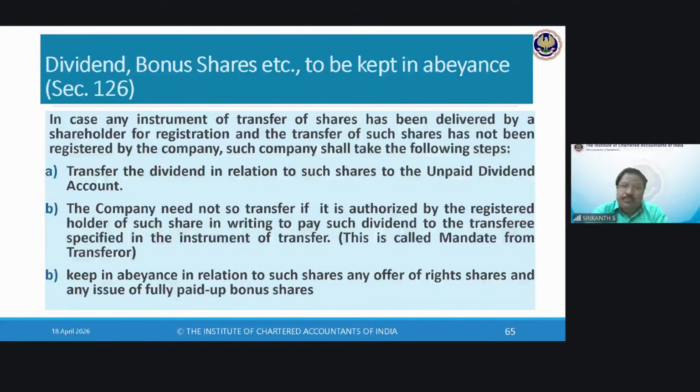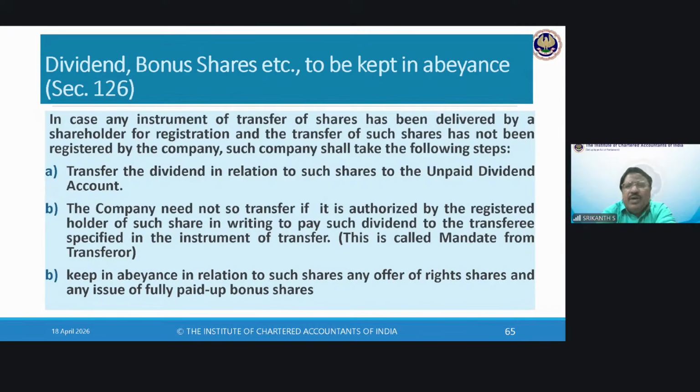That is the idea. So which means that dividend I have to collect since I've already paid it here. So when I'm registering my transfer, along with that, I will give a mandate from you as a transferor. Once the company gets the mandate, they have to pay the dividend only to me and not to you, because you already took the money from me. Cum div. So the mandate from the transferor will come.